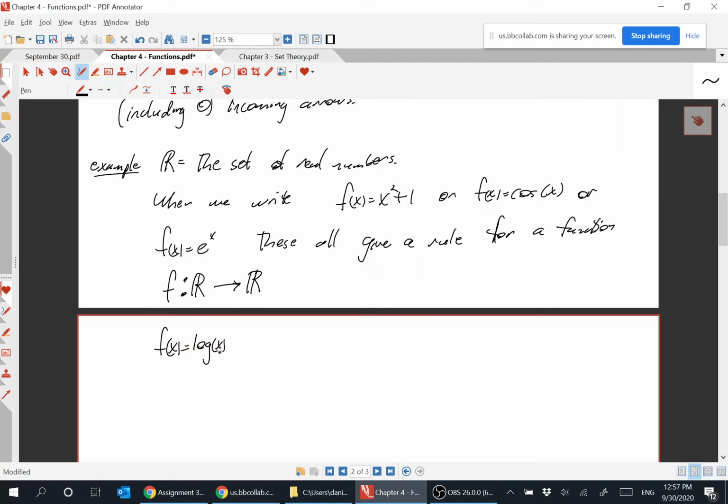Just for the positive ones. Because it has to work for all the domain elements, from R plus to the whole of R. It has to be defined for all real numbers in order to be a function on the real numbers.